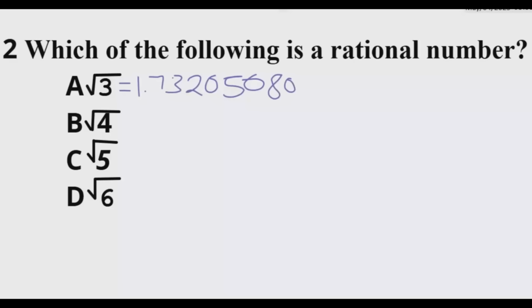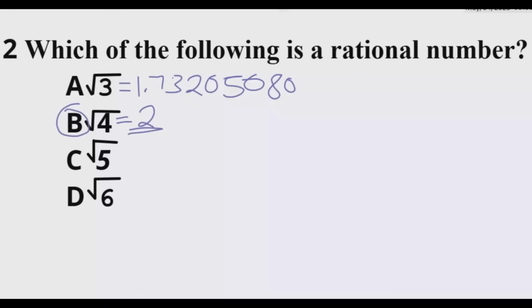So we can say that this number is long. I haven't even finished, but it goes on. That means this one cannot be a rational number. This is irrational, because a rational number is a number that can be expressed as a fraction. When we come to the square root of 4, we have 2. 2 can be written as a fraction. It's a whole number. And this is the correct answer.